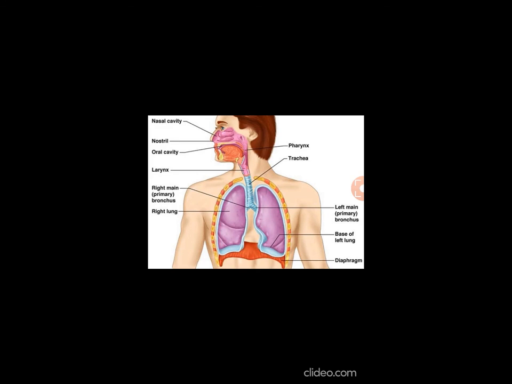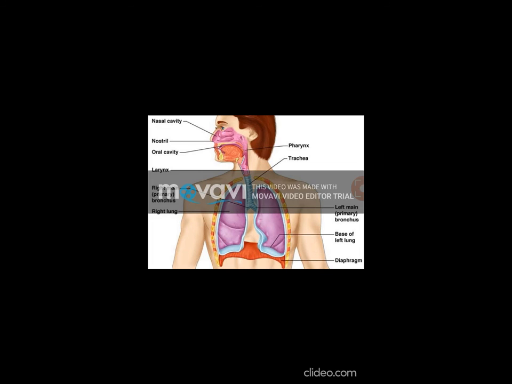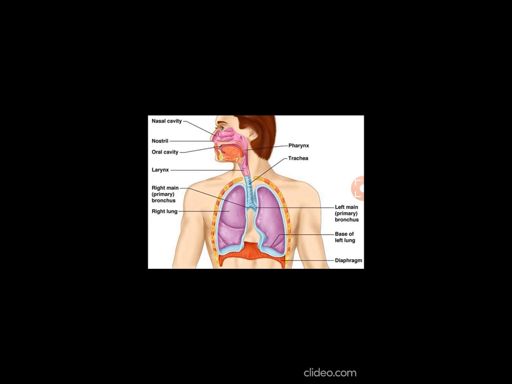Nasal cavities end in internal nostrils through which air enters pharynx. The nasal chambers continue to open in the pharynx, which is a short tube. It is located at the backside of the buccal cavity.